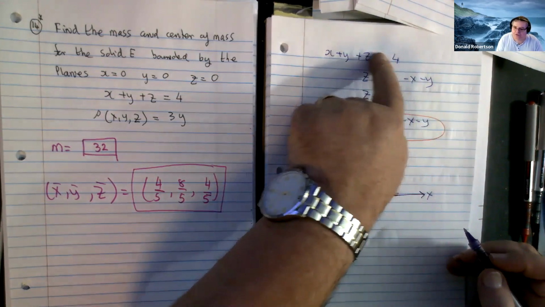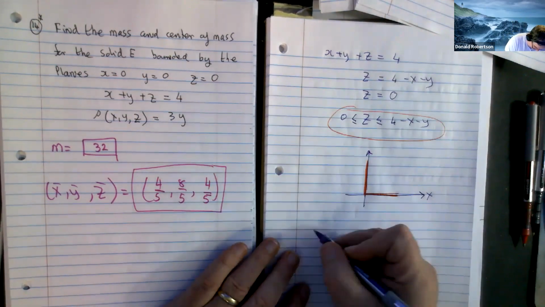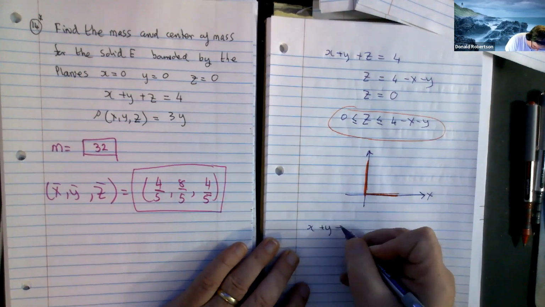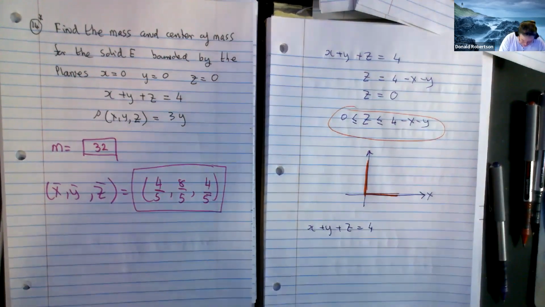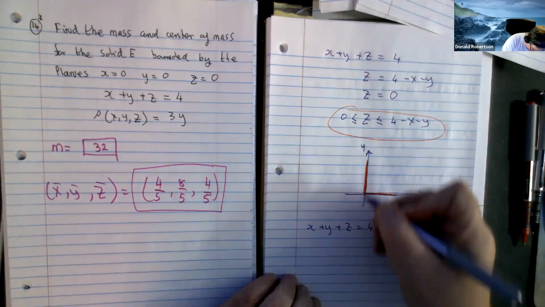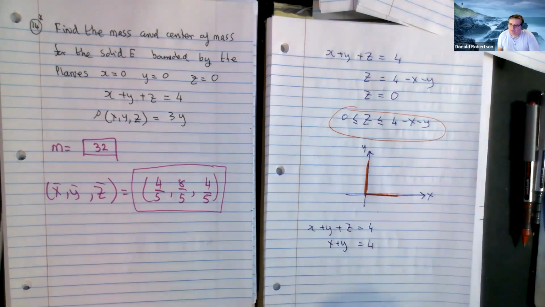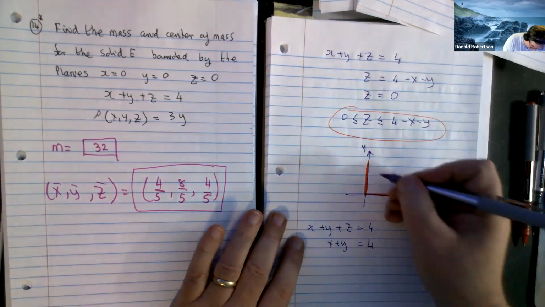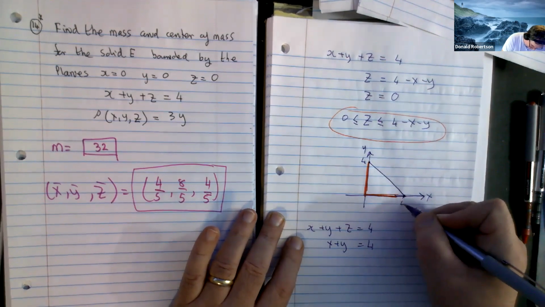If you take this and you want to know what that thing looks like when it hits the floor, which is the xy plane, you make z equals 0. And that's the straight line that goes from here to here.